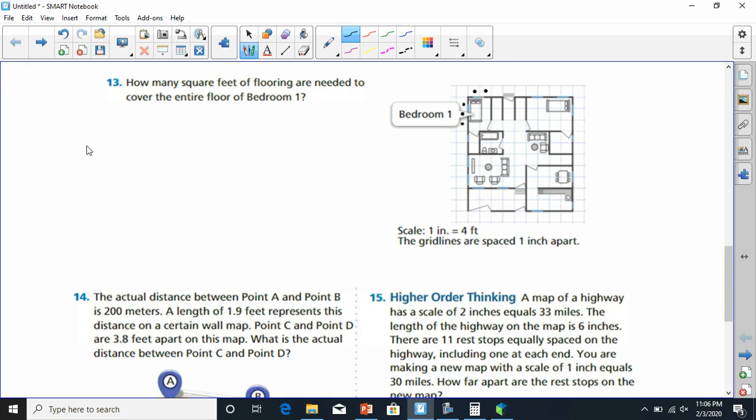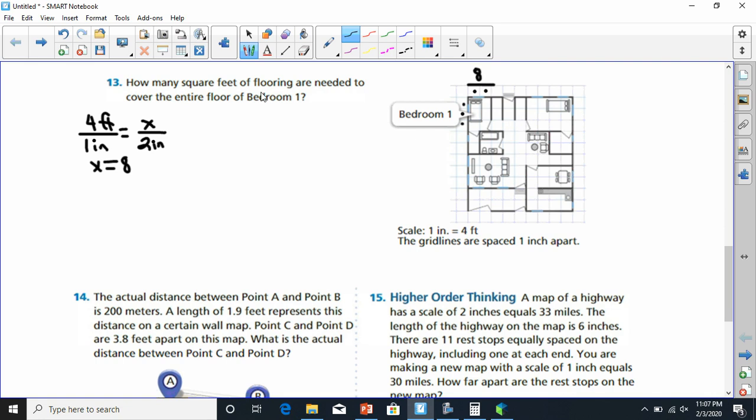So if I put 1 inch, I put it to 4 feet. And I see that over here we've got 2. Well, I'm looking for x, 4 times 2 is 8, so x is equal to 8. That means the width is 8.